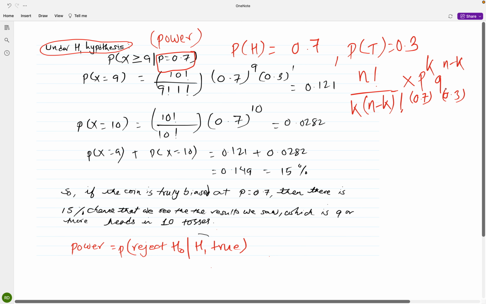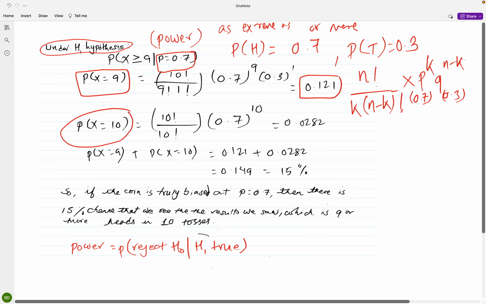So the probability of getting 9 heads out of 10 total coin tosses is 0.12. Remember, it is as extreme as or more. So we also need to calculate the probability of getting 10 heads out of 10, assuming our alternate hypothesis is true, which is 0.0282. We need to add these probabilities, which gives you 15%.